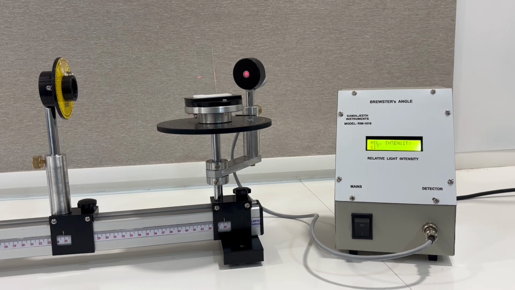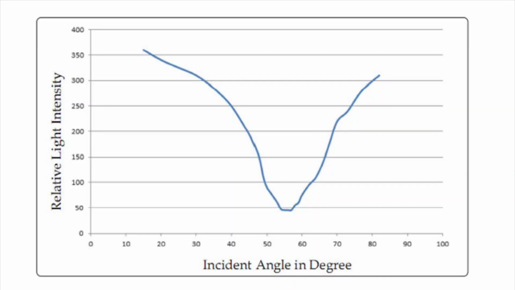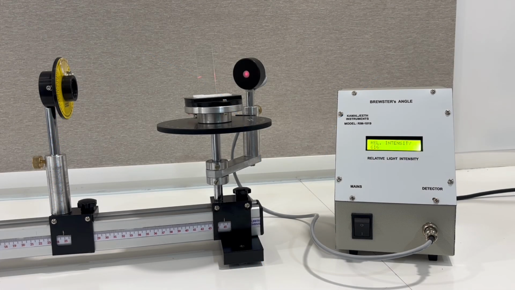Plot a graph of relative intensity versus incident angle. From the graph, you will determine the Brewster's angle. Further, calculate the refractive index of the material of the sample. This experiment can be repeated with different samples.